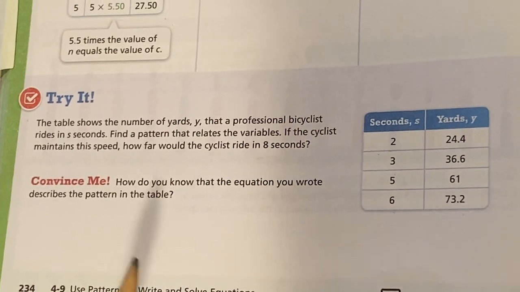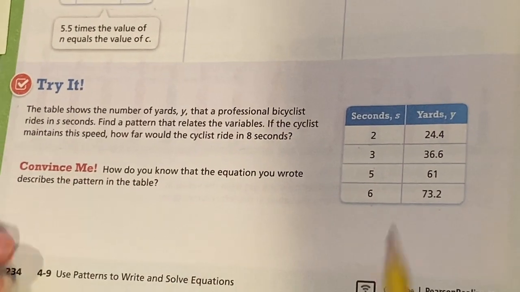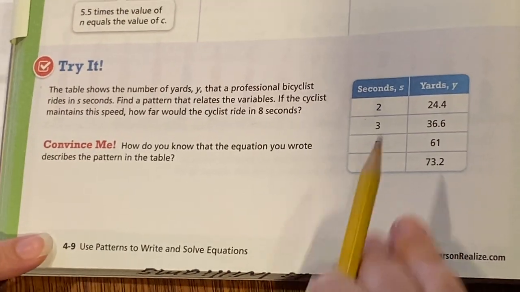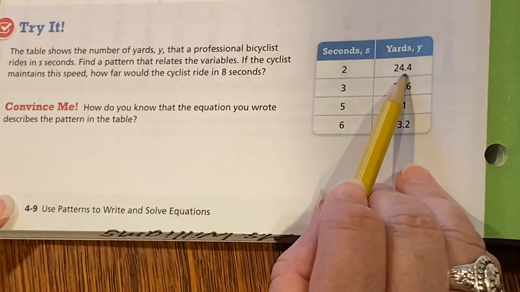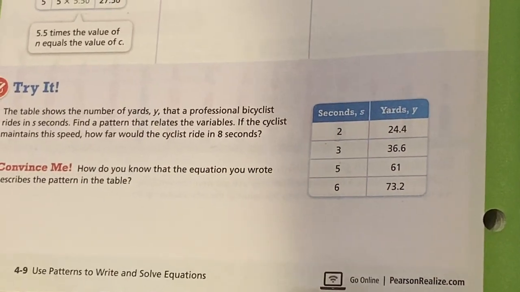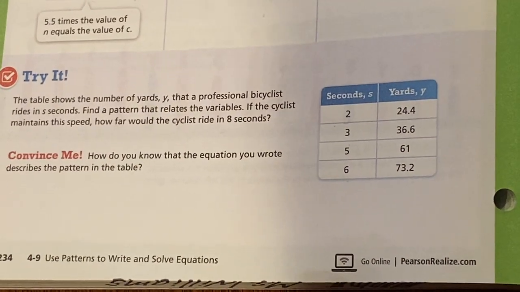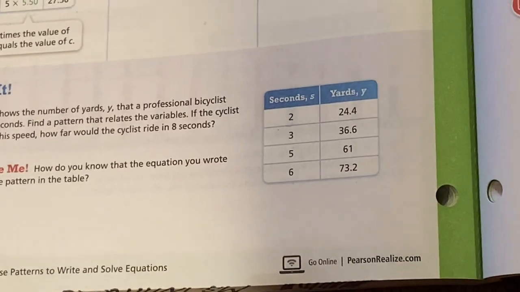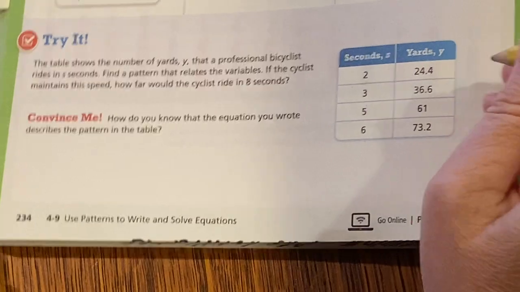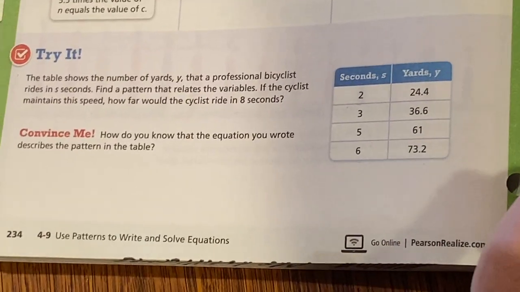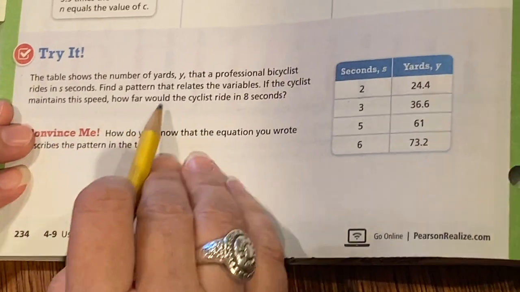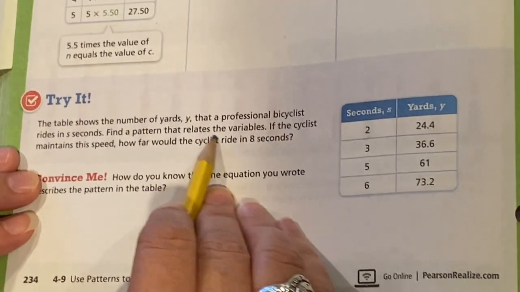All right, so what are you noticing about this? I think the easiest thing to do is just start here, divide 24 4/10 by 2, and you'd get 12.2, right? So what that tells you is that for every 1 second, they travel 12 2/10 of a yard. Okay, so that's the pattern.